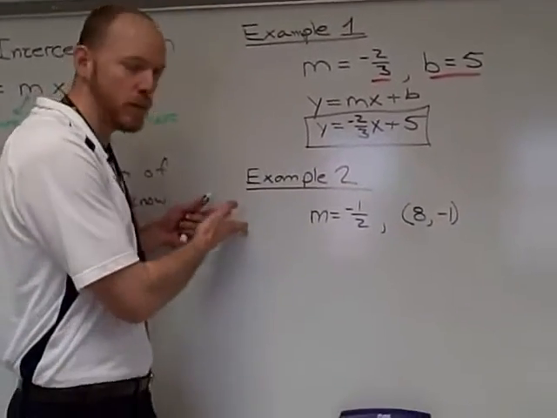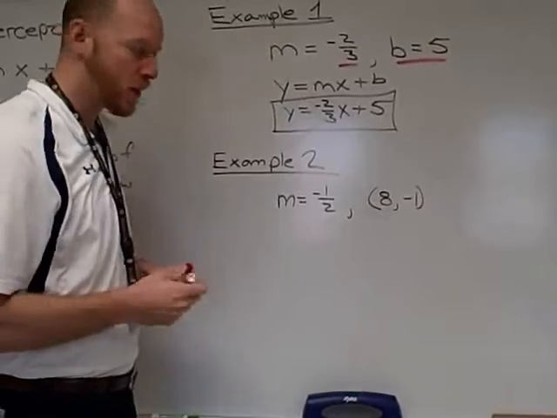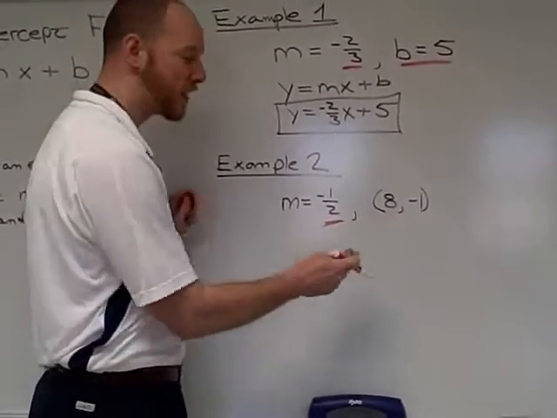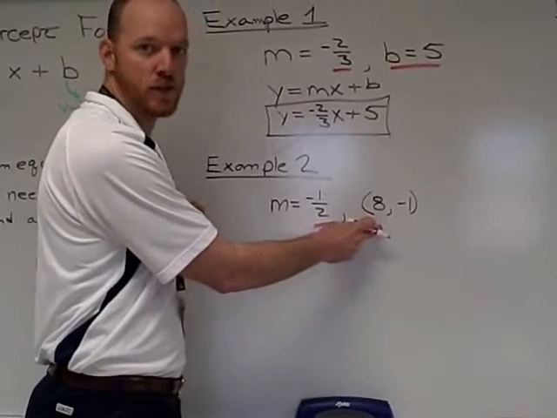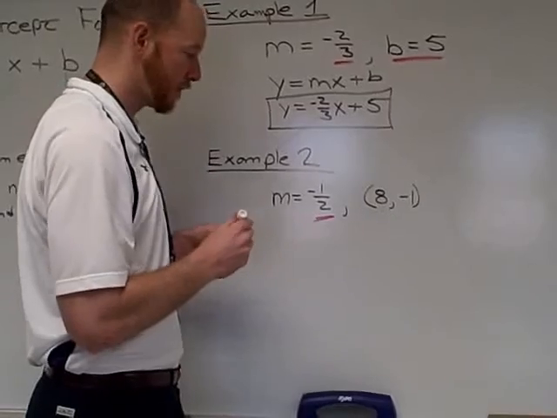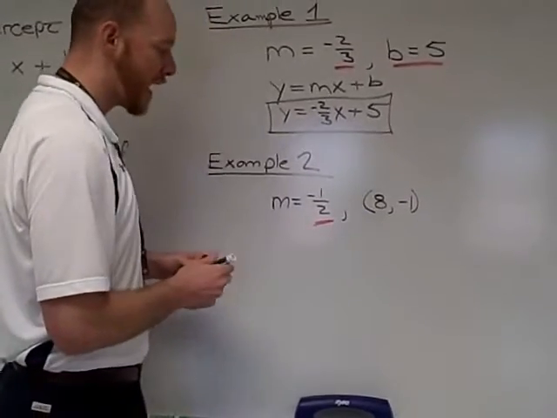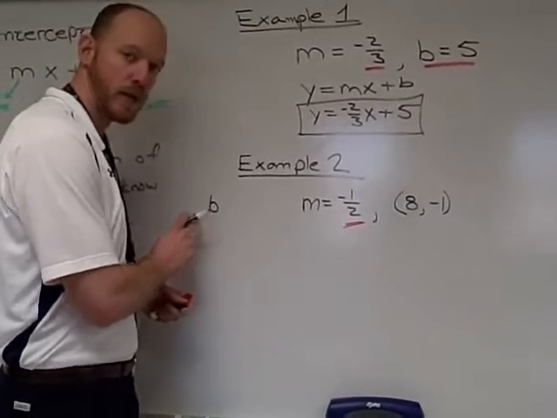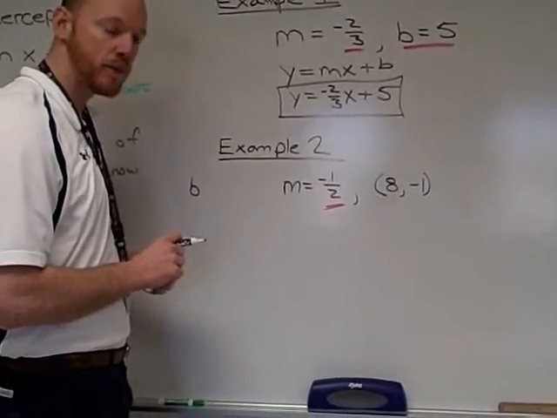Now, a similar problem is like number 2. We again are given the slope, right? But this time the point given is not the y-intercept. It's just a point on the line. So now what we have to do is actually calculate the y-intercept, or our b value.